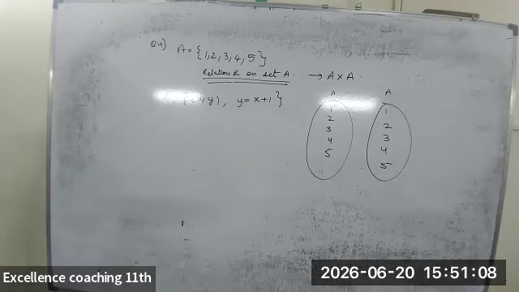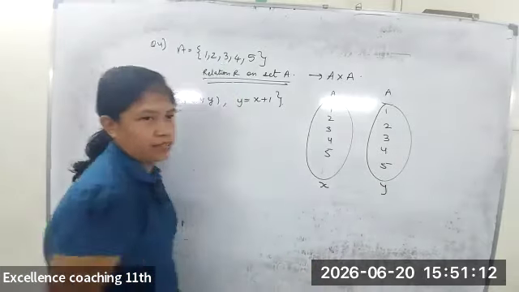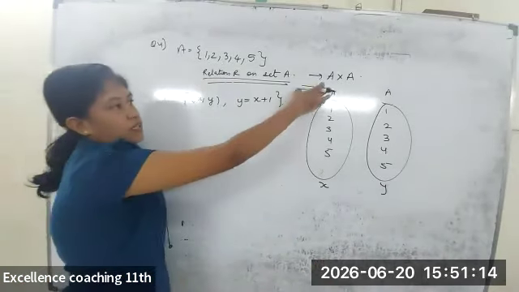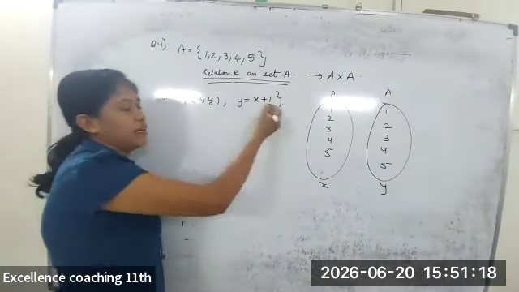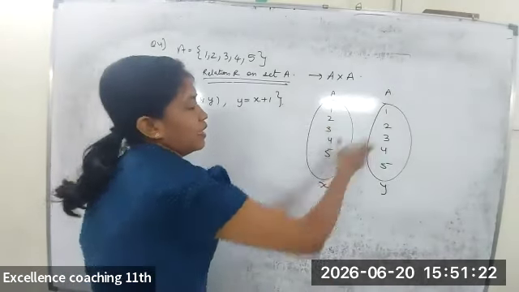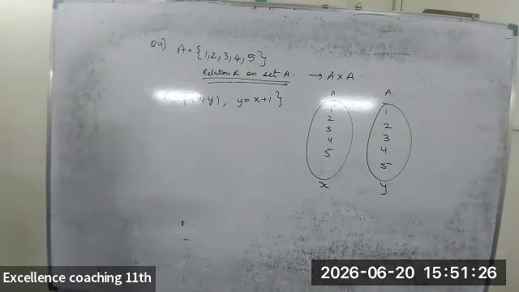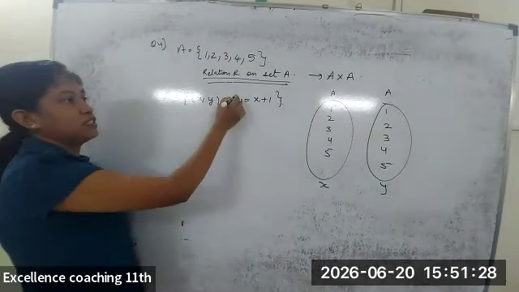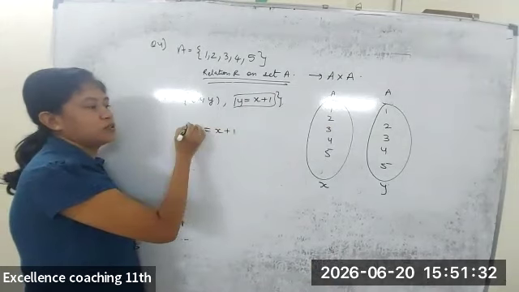Now, whenever they give you, this side is x and this side values are y. All the elements which are related to A are called x, or maybe small a also they could give, and the ones connected to this are y. So basically this is like the input and that is like the output. So first we will see this is the main formula given. So y is equal to x plus 1.